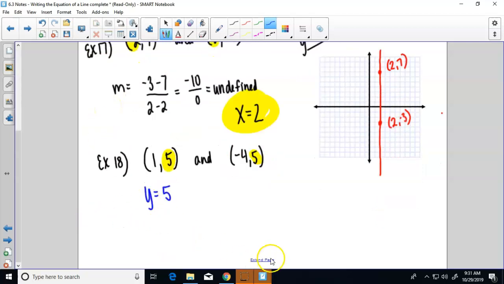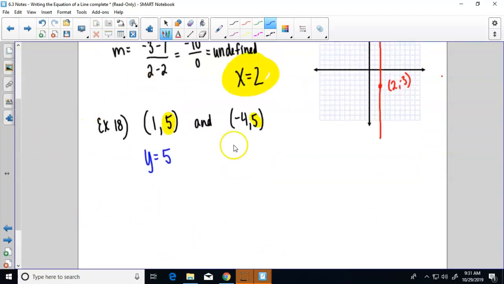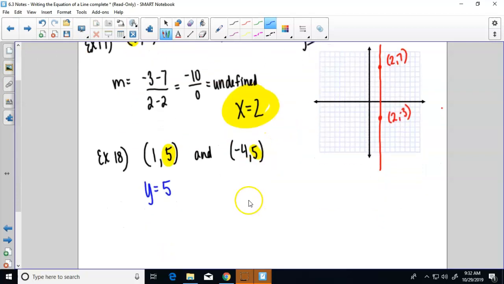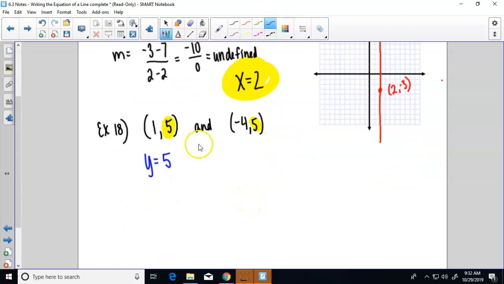Now, let's look at 18. You can still get 18 right even if you don't do anything different than you've been doing. 17 you're going to miss if you don't know how to look at the two coordinates and tell which one, because you can't put undefined into y equals mx plus b. 18 you can actually still get right if you do it the other way, so I'm just going to show you how that works.